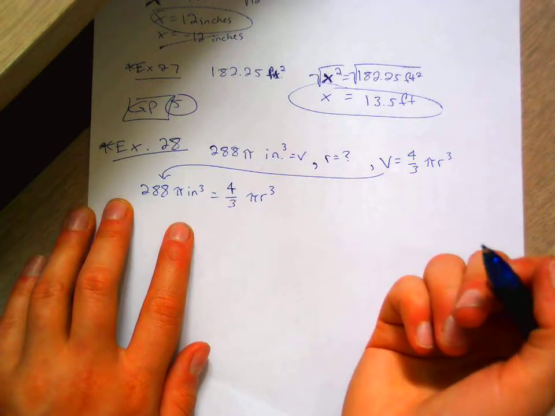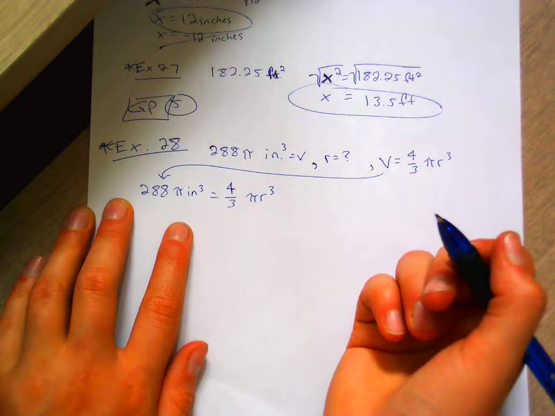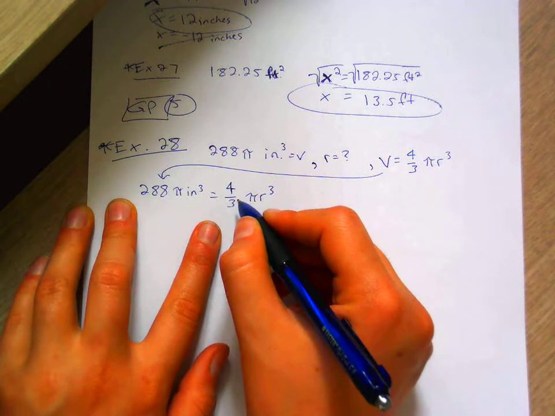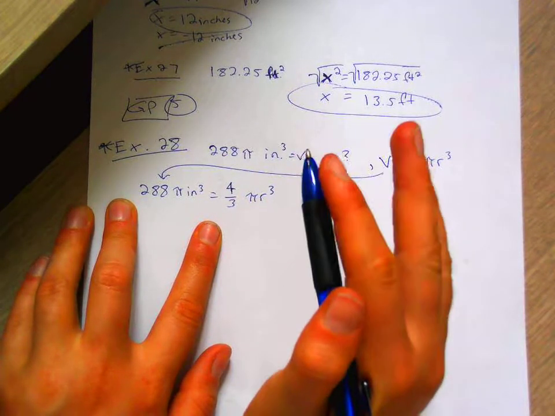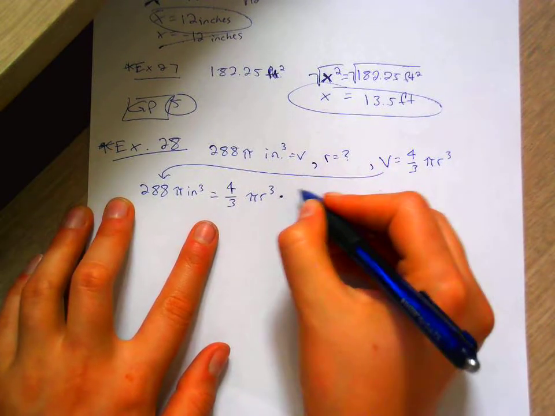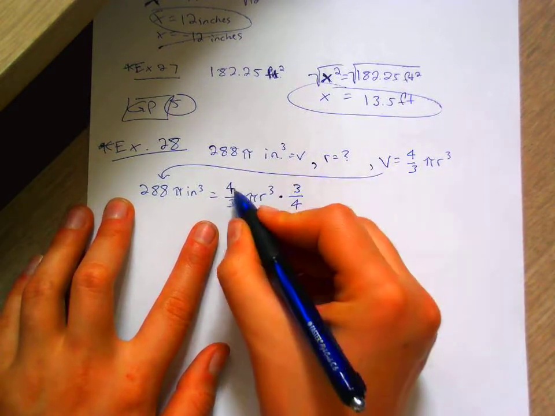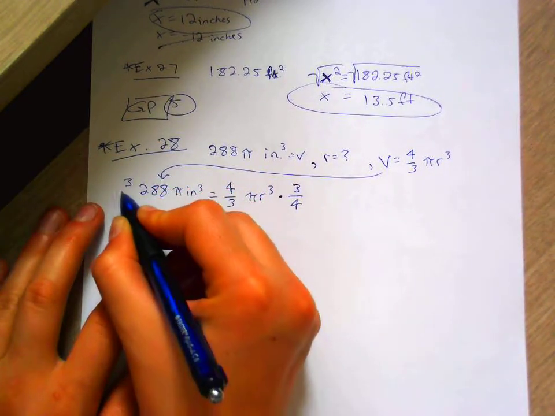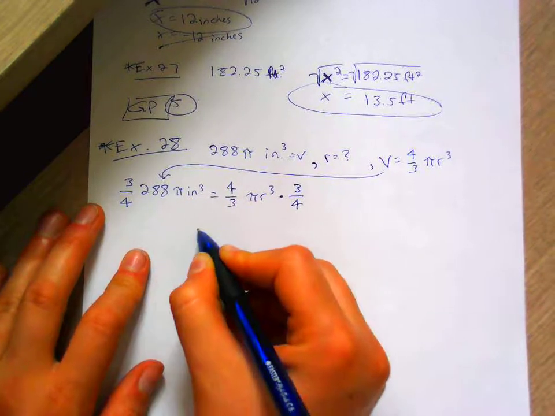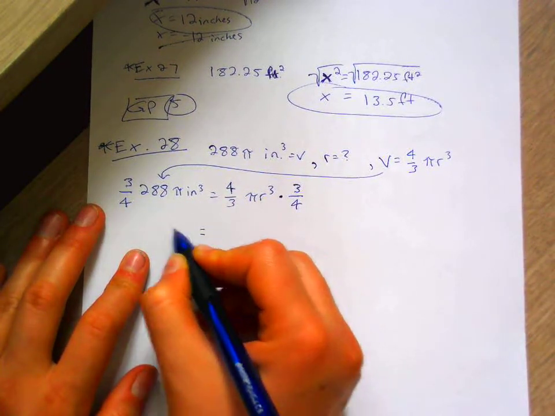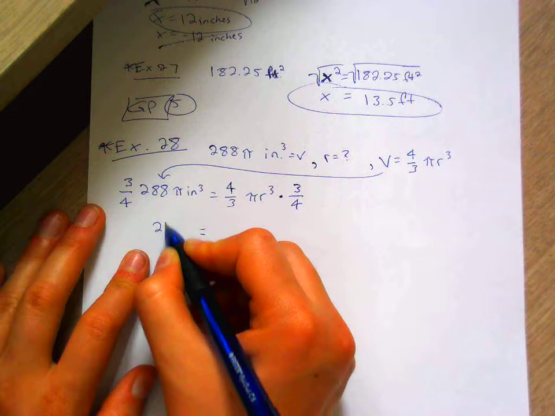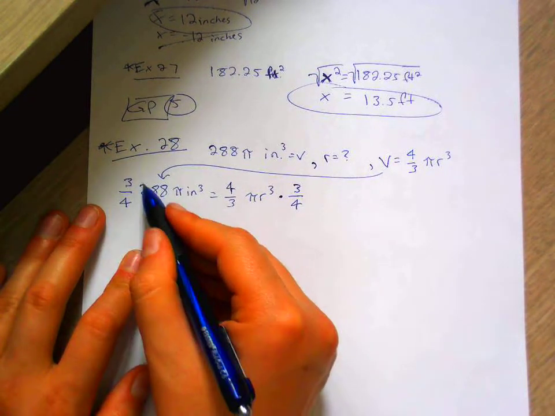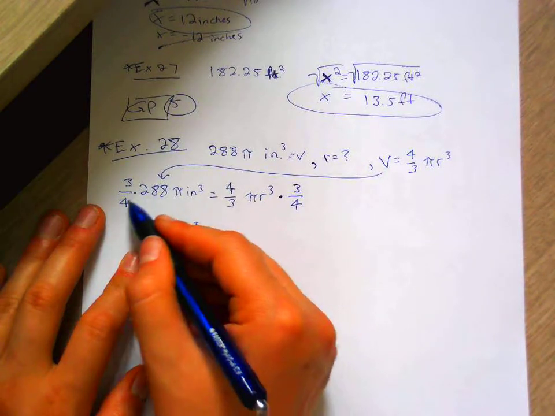Now we have to do a little bit of algebra here to simplify. We're going to multiply both sides by 3/4 so that the 4's cancel, the 3's cancel. That leaves us with 216 pi inches cubed, because we took 288 times 3 and then divided by 4.